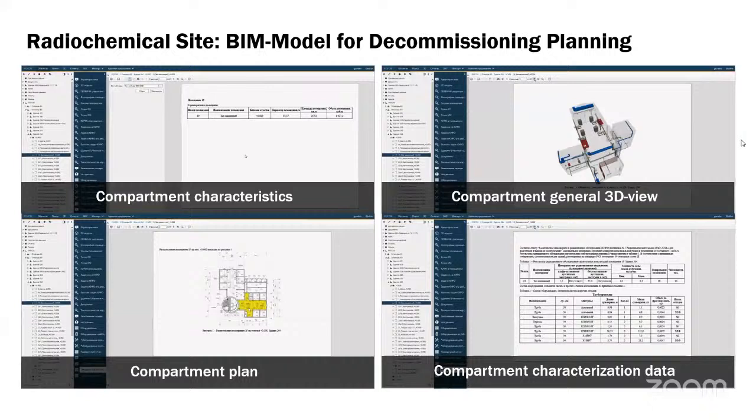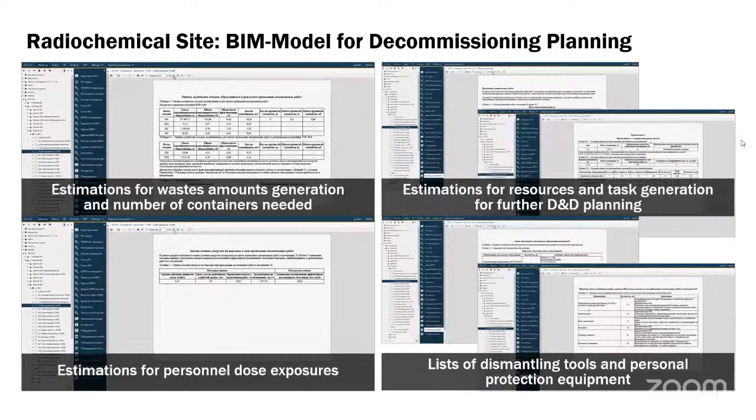So after that, we provide a lot of different analytics. We can upload the compartment characteristics, general 3D views, plans, physical and radiation data. We can provide these estimations and generate the corresponding reports. We can do task generation for dismantling and provide an estimation of the resources we need, like money, people, special tools, techniques, and so on.